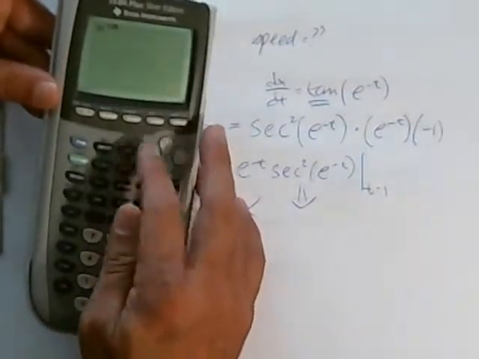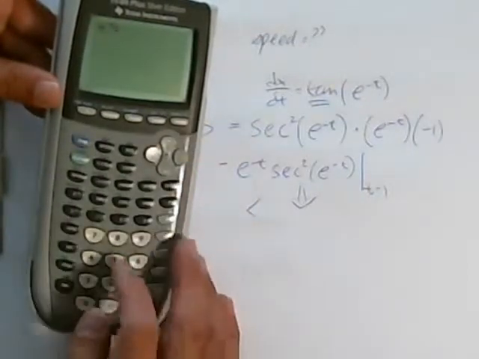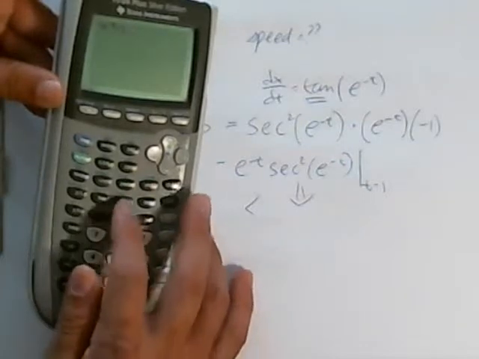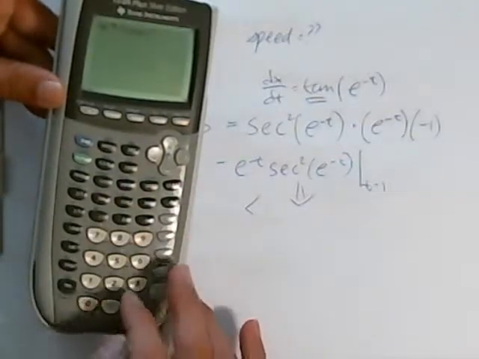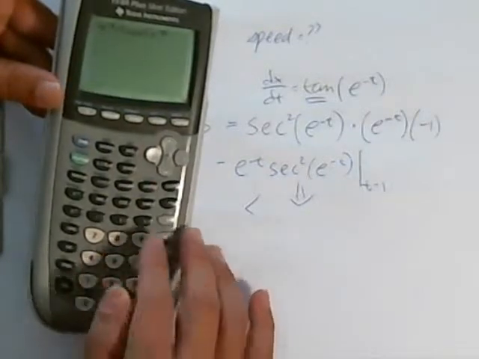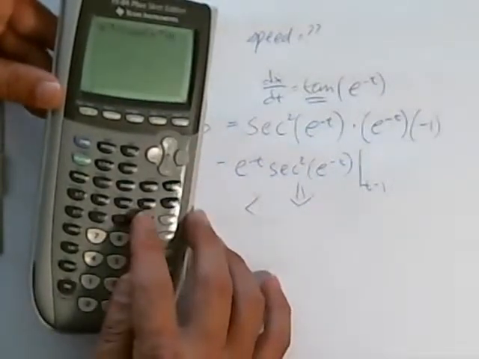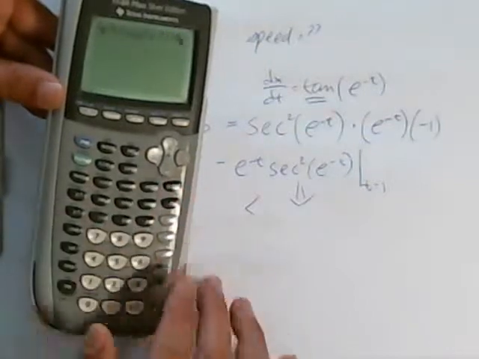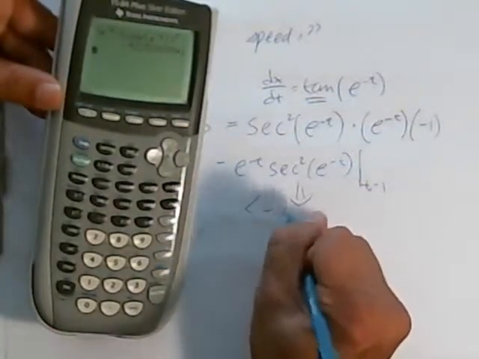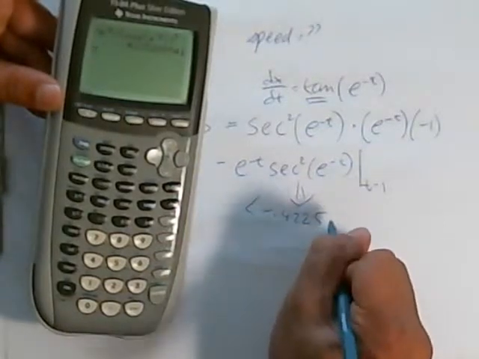So it's negative e to the minus 1 divided by parentheses cosine of e to the negative 1, and parentheses, and then I have to square that. That becomes negative 0.4225 approximately.